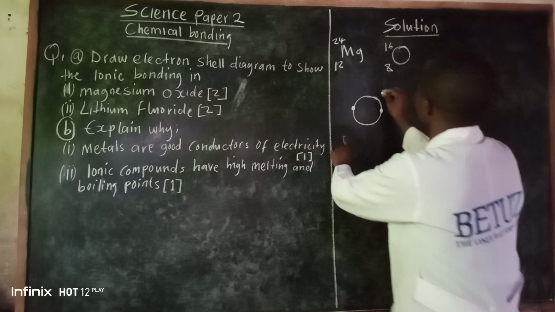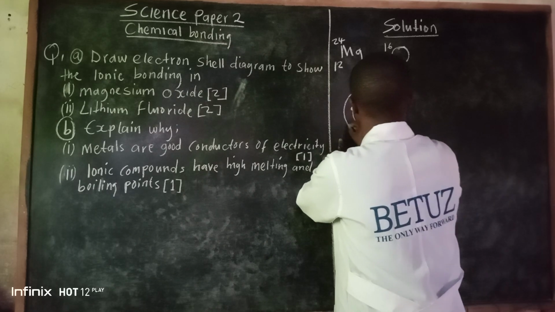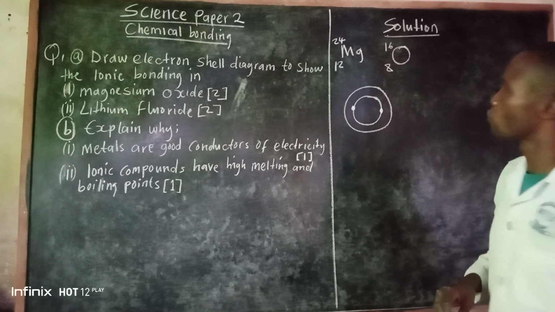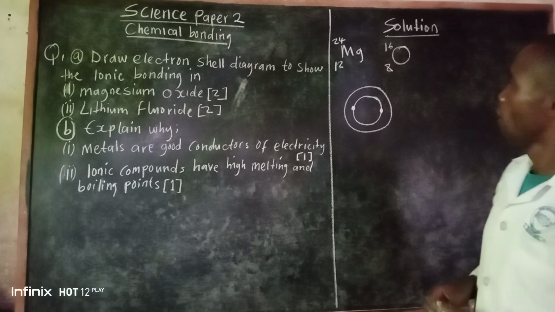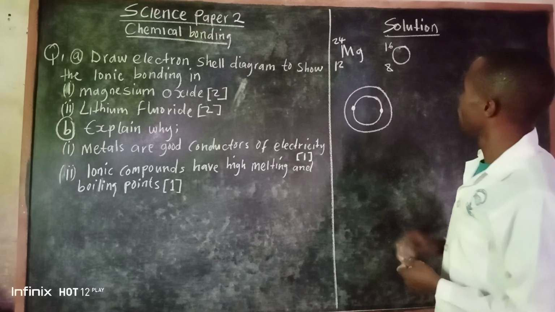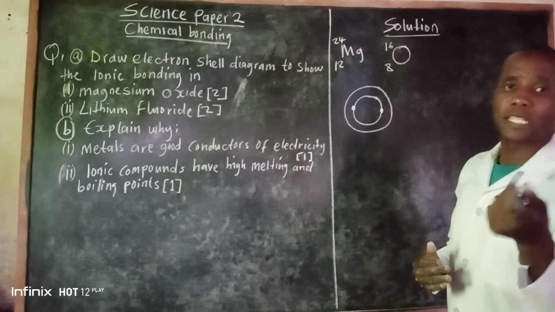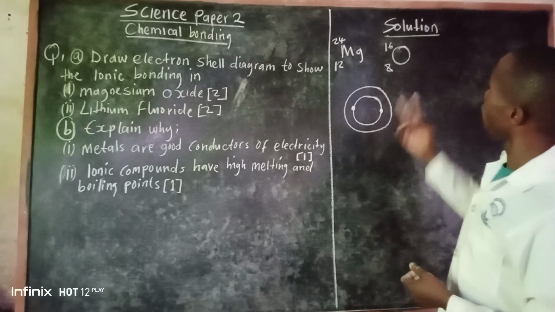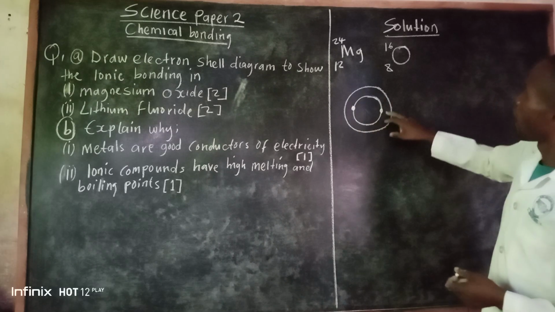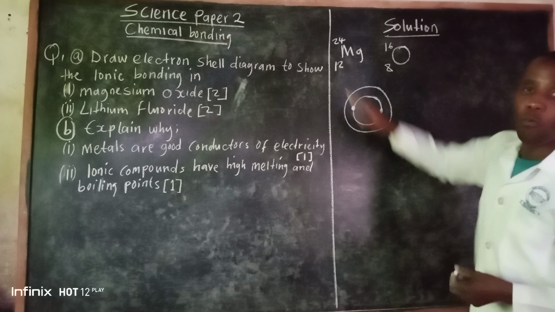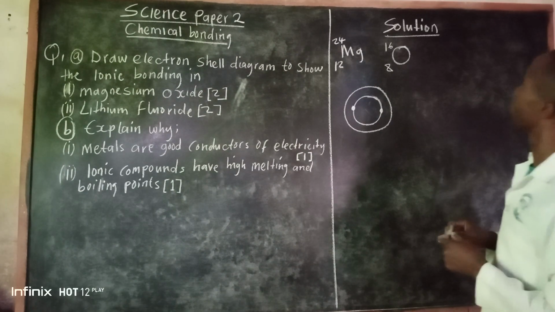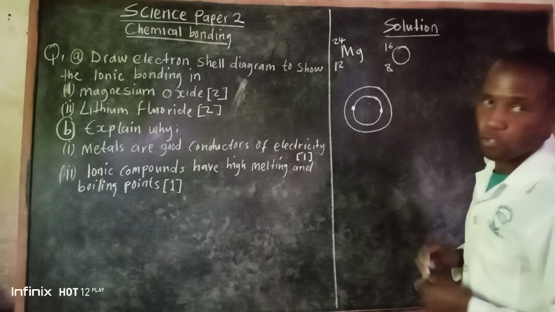Then the second one should have 8 electrons for it to be stable. Now when you look at the atomic number that we have here, we have 12. When we subtract 2, because 2 are already stationed in the first shell, we remain with how many electrons? 10.